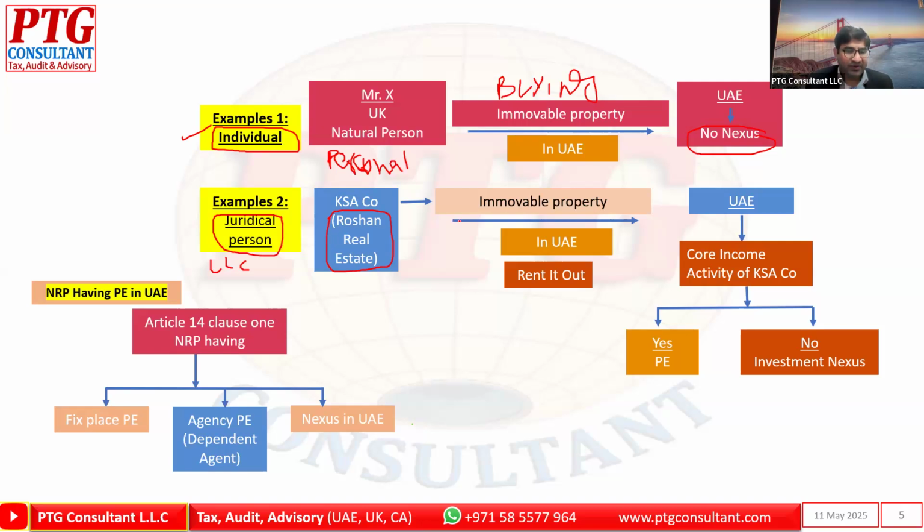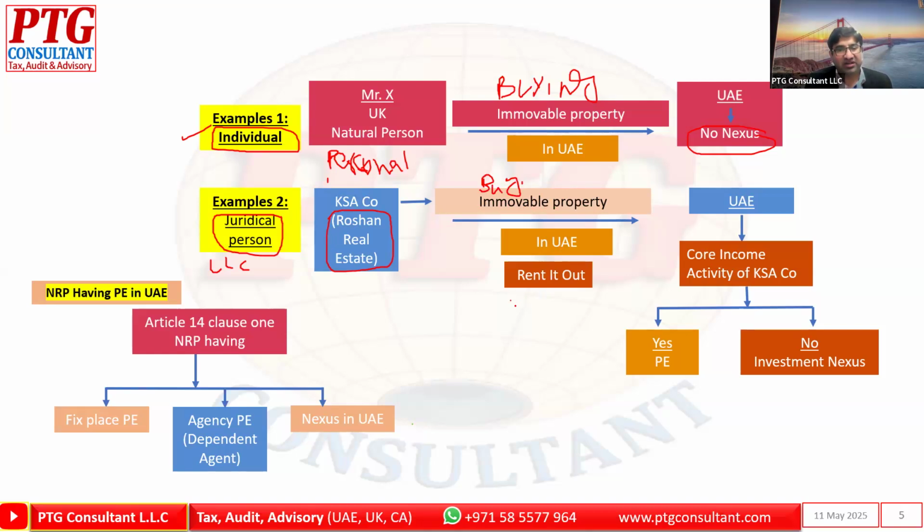Here, maybe we are familiar with Emaar, Tamar. But let's take the example of the non-resident person, because we have to understand the non-resident person. They buy immovable property in UAE, and then give it on rent.